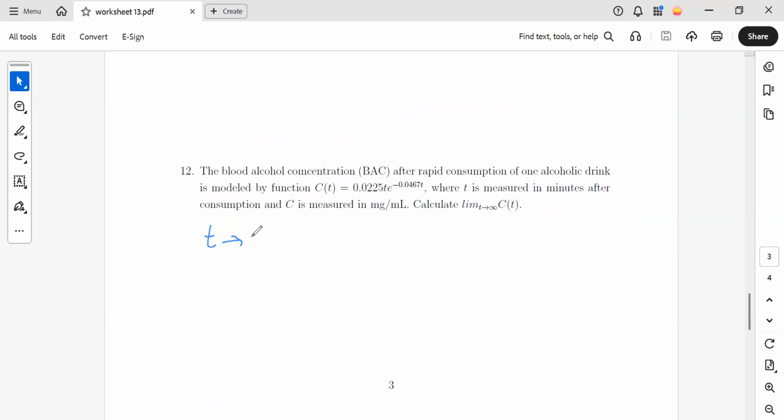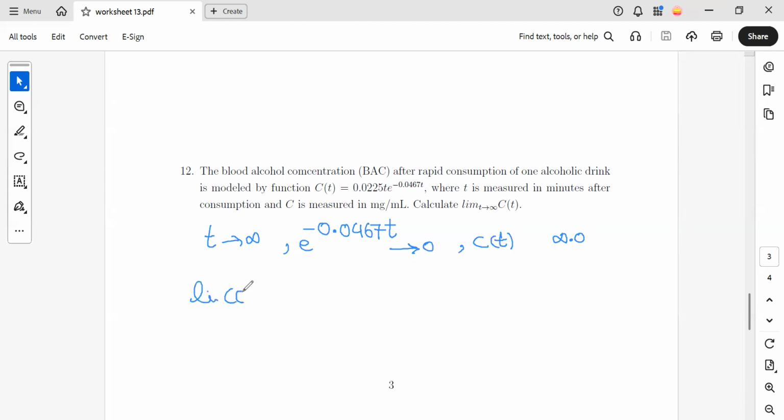So when t is approaching infinity, we would see that e to the negative 0.0467 t is also approaching 0 because e to negative infinity is 0. So for c of t, if we take the limit, we would have 0 times infinity. And this means that we can use L'Hopital, but we have to write it as a fraction as infinity over infinity or 0 over 0.